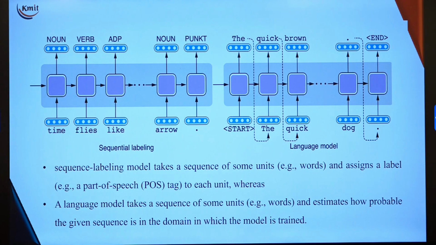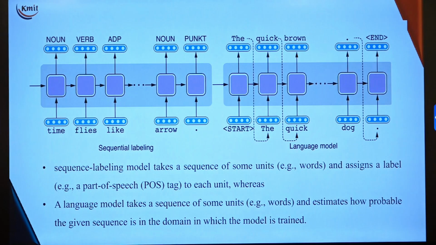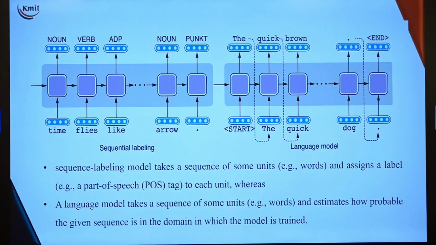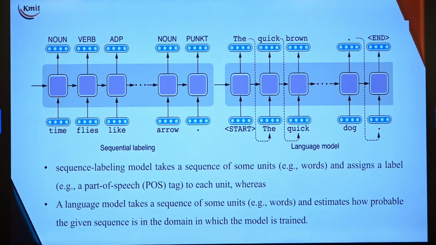Both are useful for a number of NLP tasks, but for some we may need the best of both, sequential labeling along with a language model. We may want our model to take one sequence and generate another sequence in response.